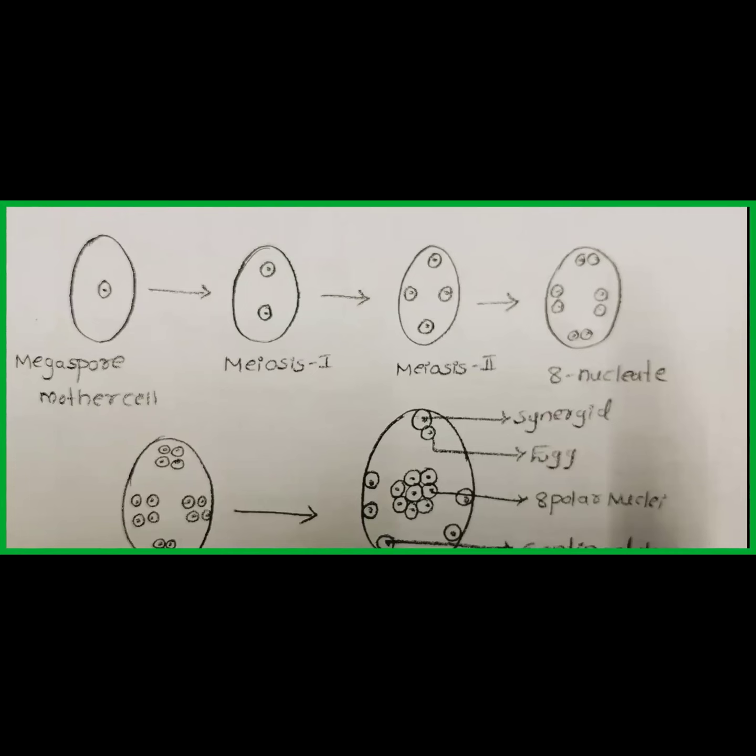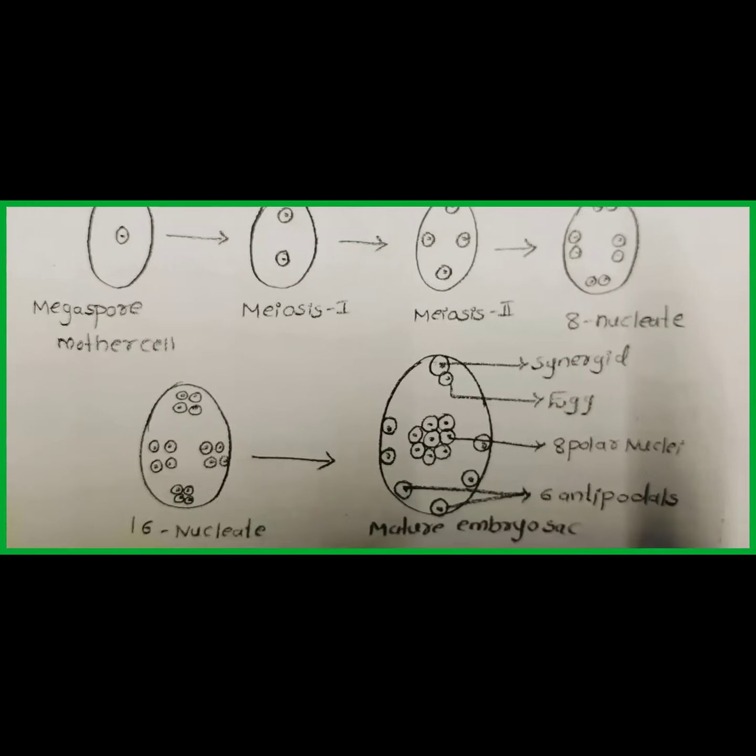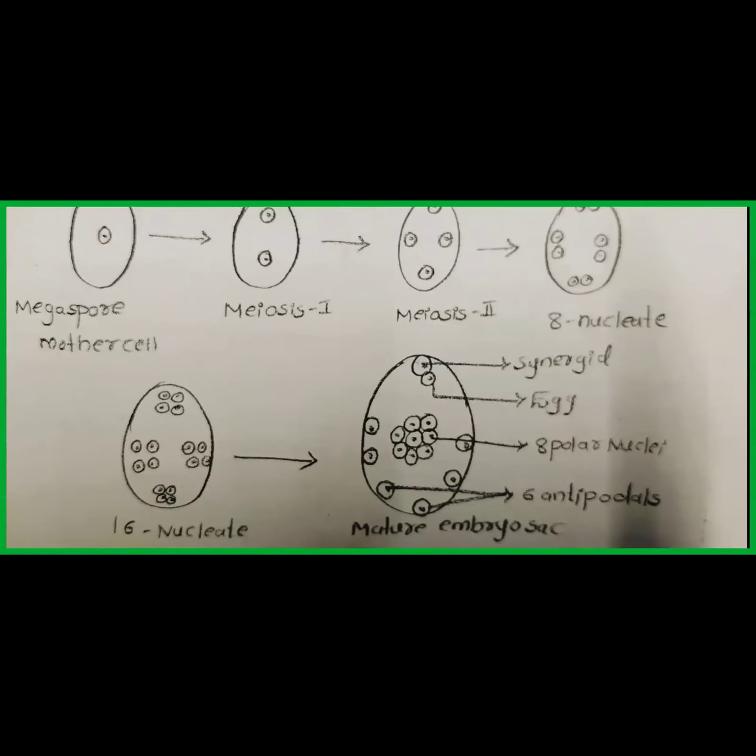After meiosis 2, 4 haploid megaspores are formed. Then in mitosis 1, 8 nuclei are present, and after mitosis 2, totally 16 nuclei are produced.